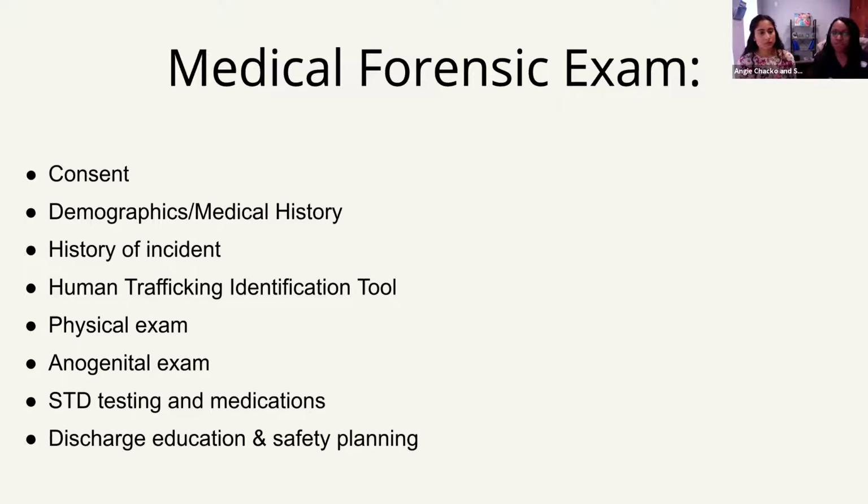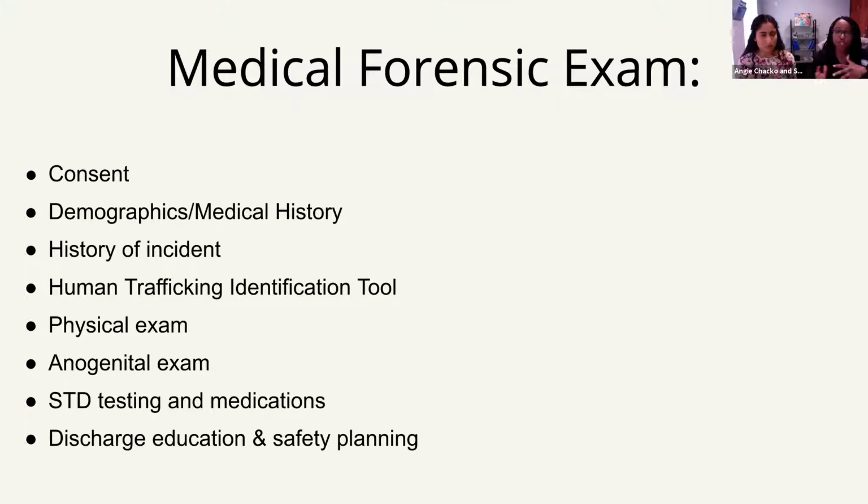We also do a physical exam looking for any injuries, documentation of any injuries if noted. And we also do an anogenital exam. So looking down at their genitalia area, looking for any signs of trauma, but also any signs of any sexually transmitted diseases. And after we do the assessment part, we also provide STD testing, and we administer medication. In the medical term, it's called prophylactic medications.